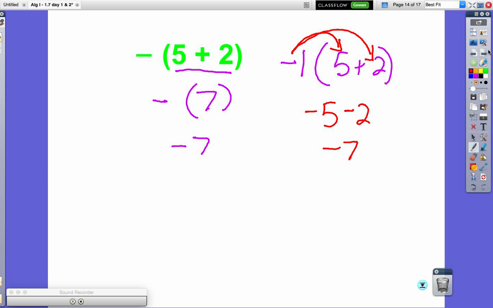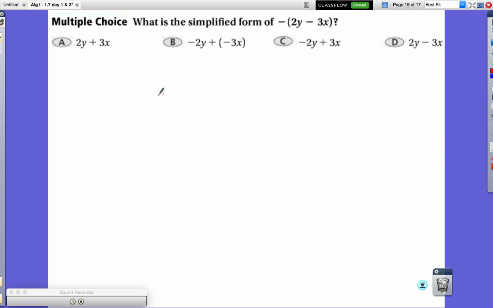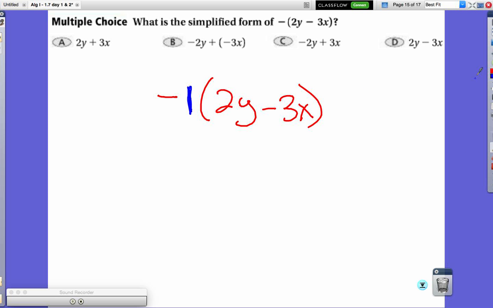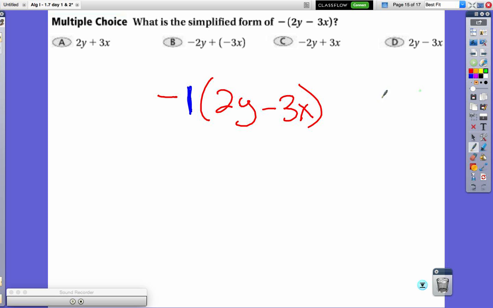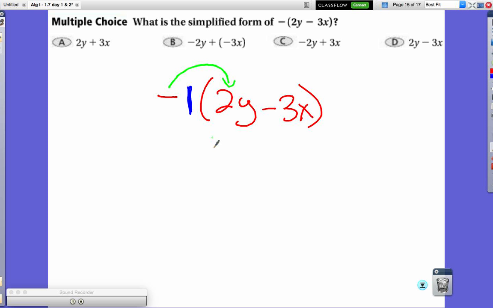So when we actually do our problems, all right, let's look at this. It says a negative 2y minus 3x. Something I think that helps is if you put the 1 right here. So just a reminder that you know you have to take a negative 1 times everything. So we have a negative 1 times 2y. All right, now since this is a minus, we go right back here.